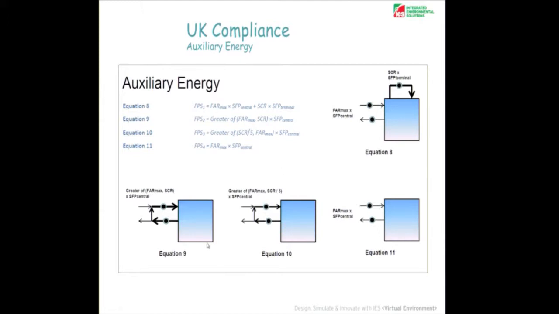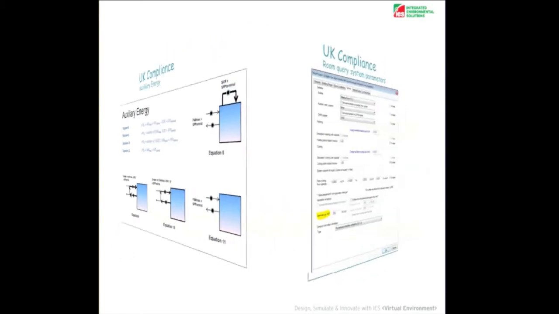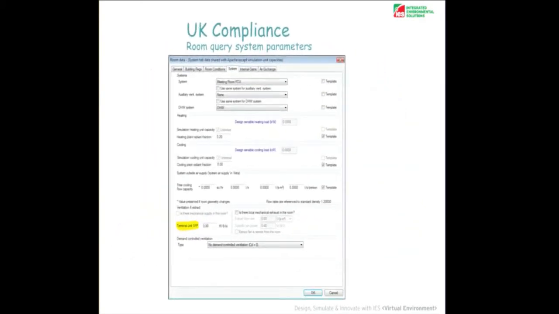Likewise, if you've got a VAV system, our auxiliary energy value is still based on that fan operating at its full capacity. So I think there are a lot of issues which result in a compliance calculated auxiliary energy value typically being a good bit higher than what you might expect had that system been modelled in something like HVAC. So when you're considering what your key loads are going to be in reality, it's always worth bearing that in mind.